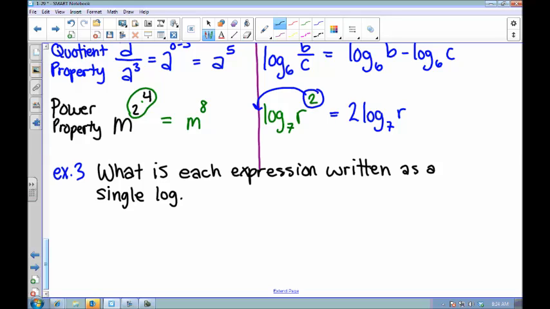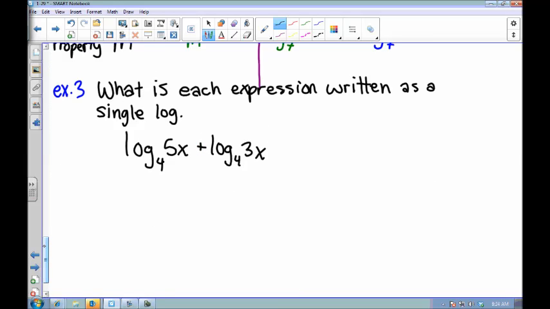So either way. Okay, we have log base 4 of 5x plus log base 4 of 3x. We want to have this written as a single log.